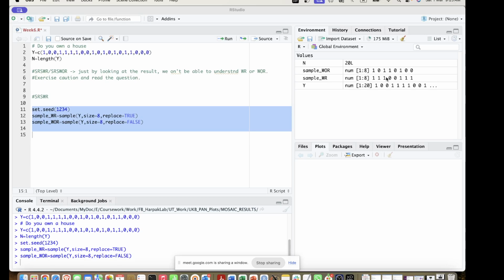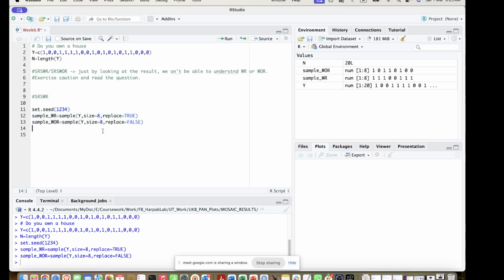If we, instead of sampling the Y values, sample the individual IDs and then work with the raw values, only then we'll be able to say. But just by using the raw indicator variable column, we won't be able to tell.